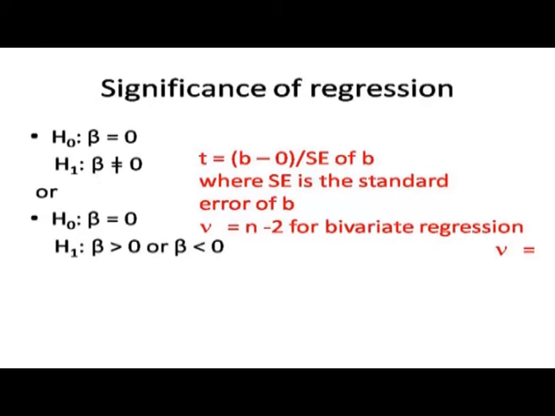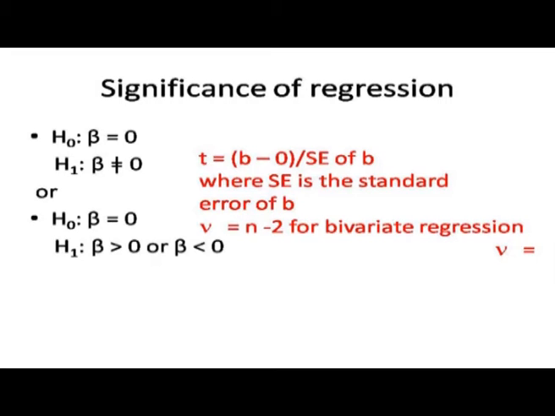And as in case of mean and differences and correlation, here also the alternative hypothesis can be that beta is not equal to 0, beta is less than 0 or more than 0. Less than 0 or more than 0 will mean that that variable affects the dependent variable.